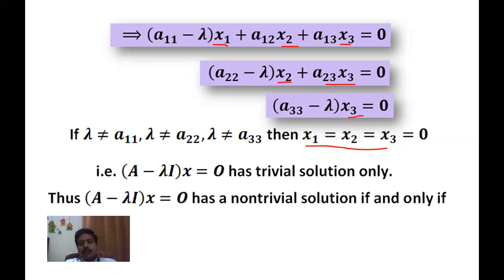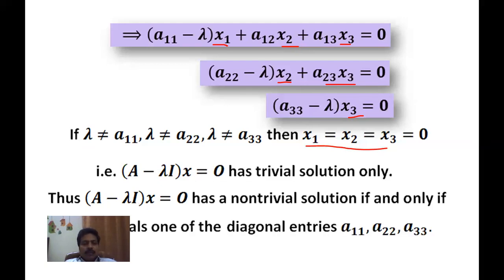So (A minus lambda I) x equal to O has a non-trivial solution if and only if this is false, that is, any one of the entries a11, a22, a33 is equal to lambda.